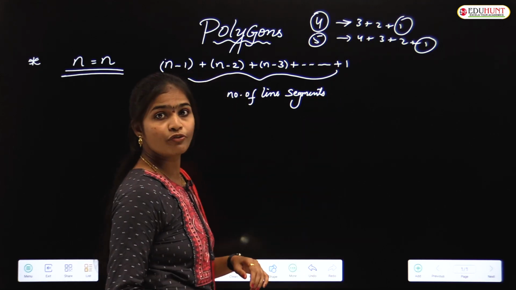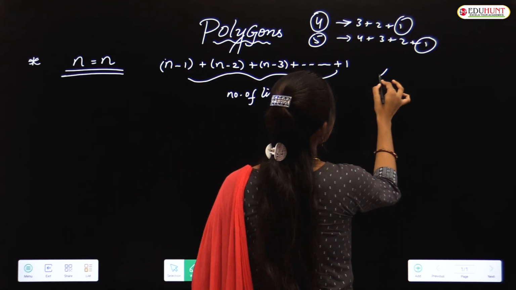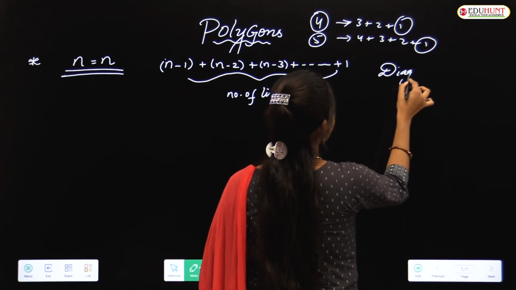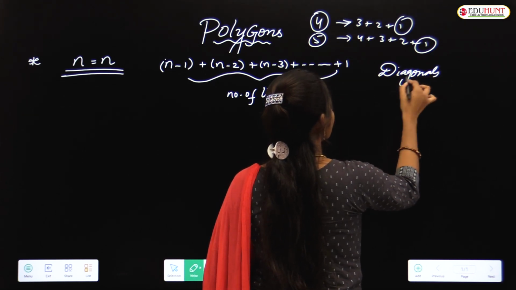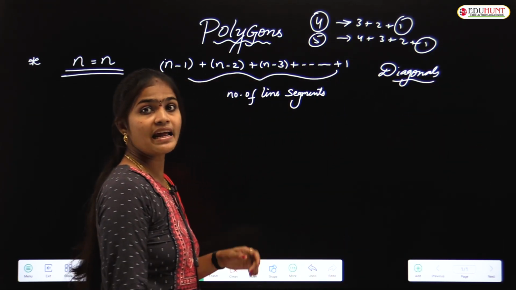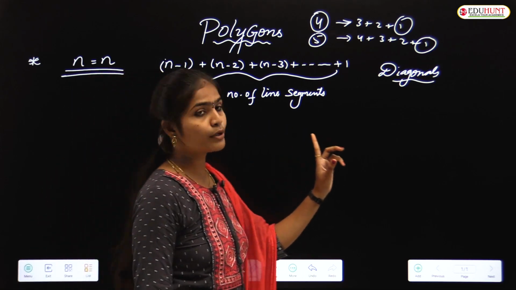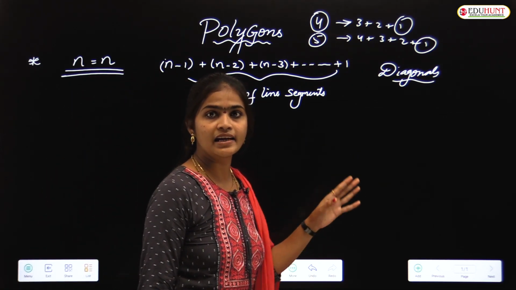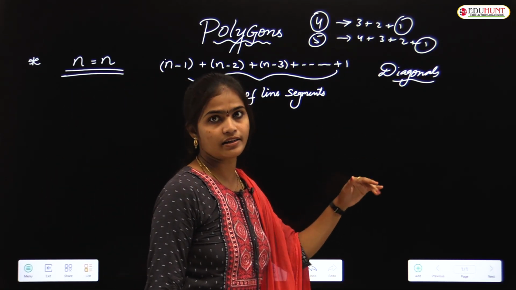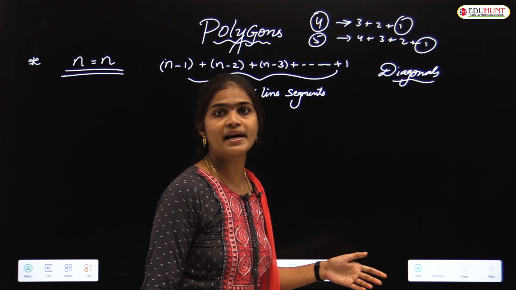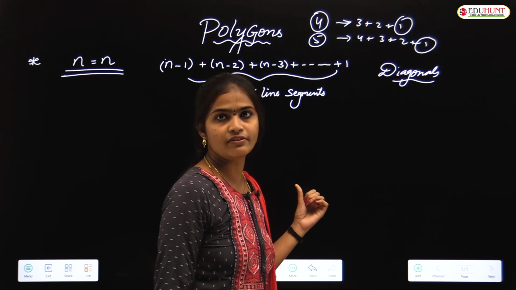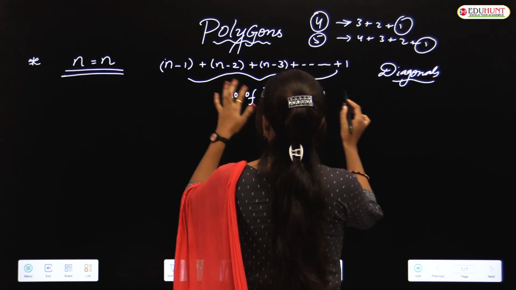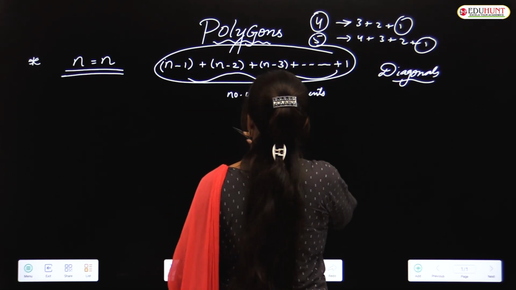This is the number of line segments for an n-sided figure. Now how can we calculate the number of diagonals? It is the total number of line segments minus the number of sides of the given figure. The number of line segments is this one only, no?